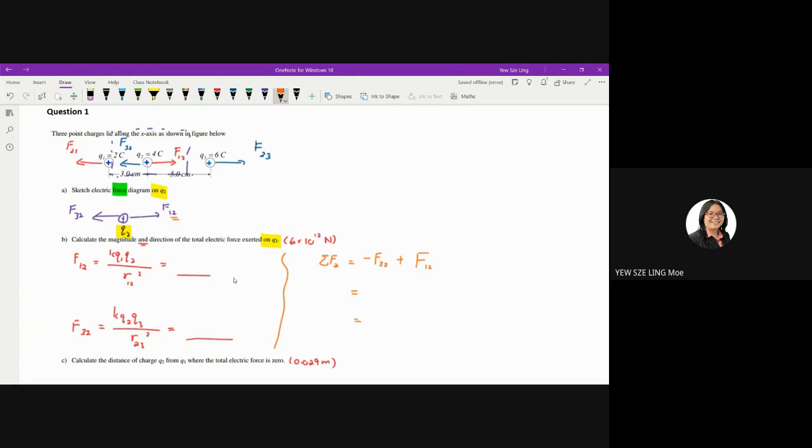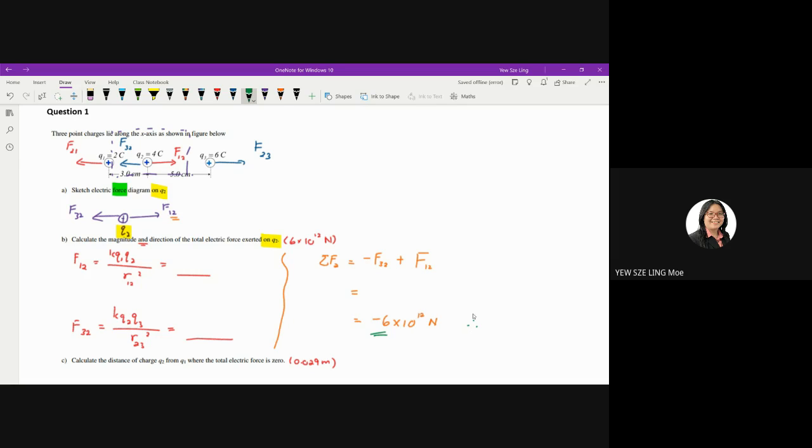If you do it correctly, you should obtain negative 6 times 10 to the power of 12 newtons. So whenever you obtain a negative value, remember, always change it into a statement form, because magnitude is a value without a negative sign, and for direction, you describe it.